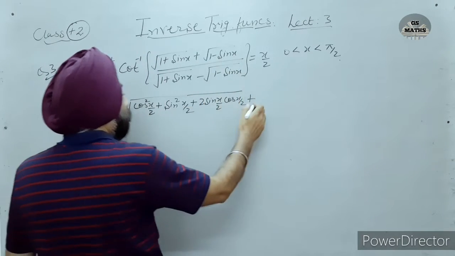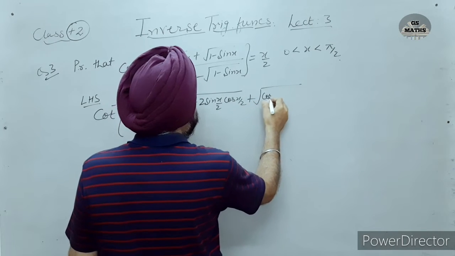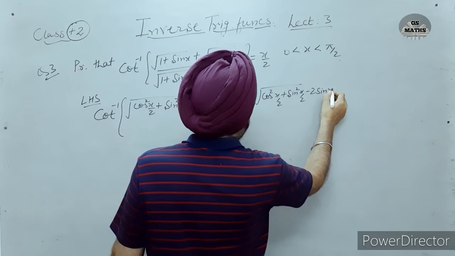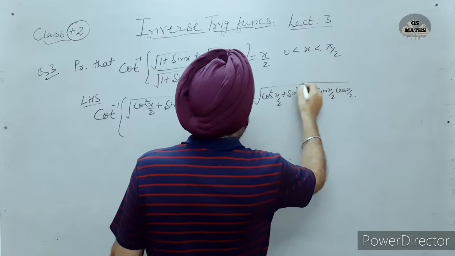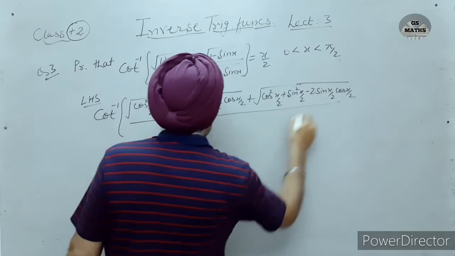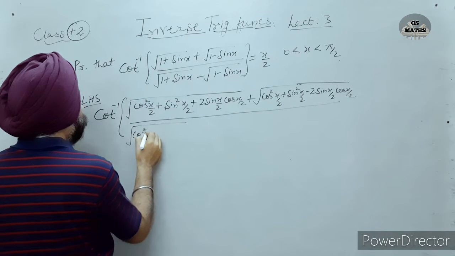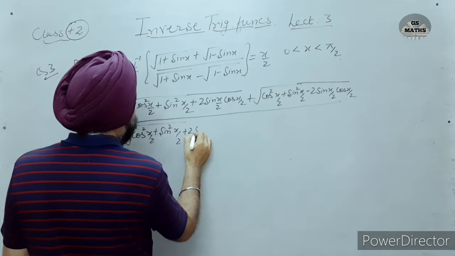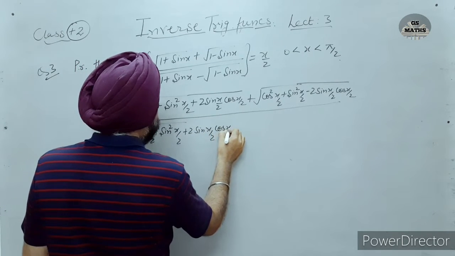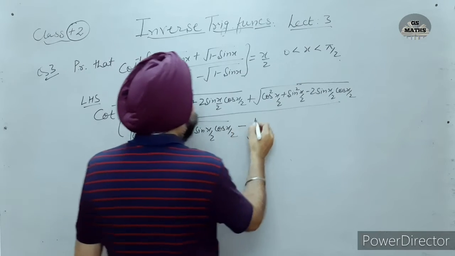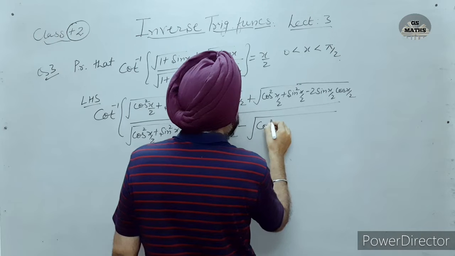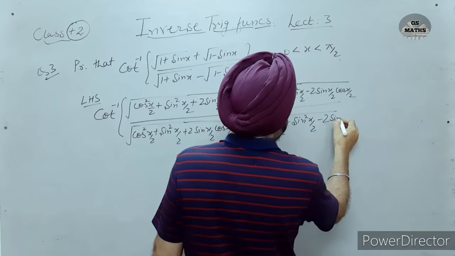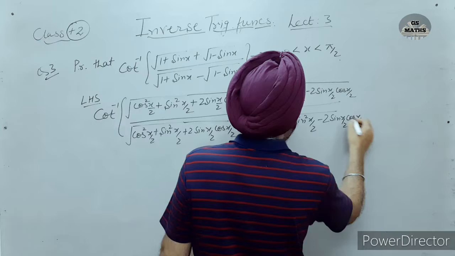Plus under root 1 minus sin x, again written as the same cos square plus sin square minus 2 sin cos, divided by under root 1 plus sin x, that is cos square plus sin square plus 2 sin x by 2 cos x by 2, minus under root 1 minus sin x, that is cos square x by 2 plus sin square x by 2 minus 2 sin x by 2 cos x by 2.